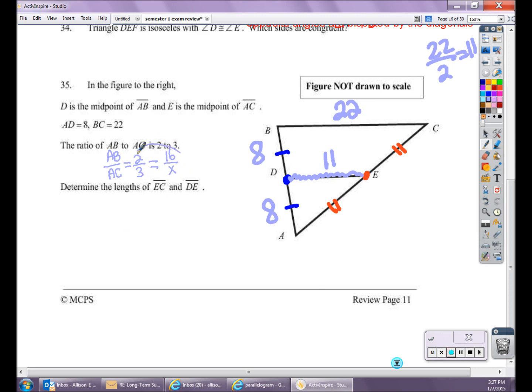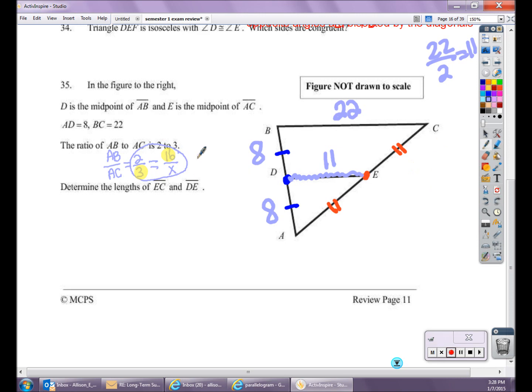So if I look at this, I can cross multiply. All you do is you do 16 times 3, and you get 48. And then you divide by the leftover, which is 2. So divide by 2, and you get 24.